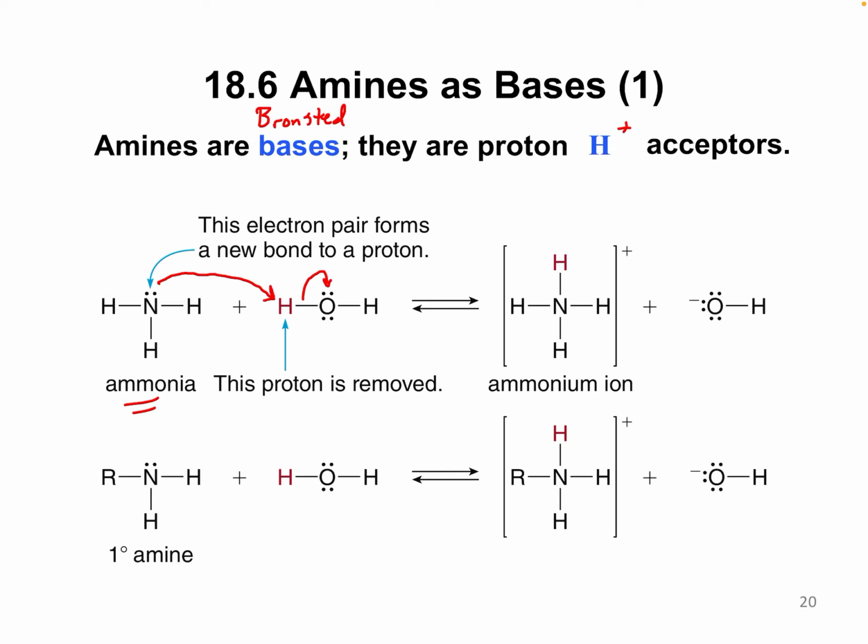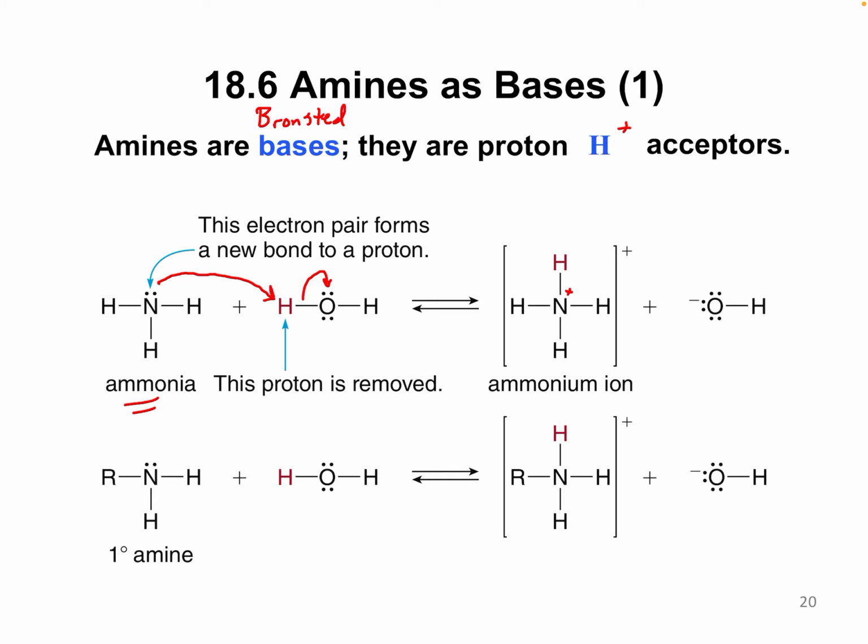Because hydrogen can only have one bond, the pair of electrons it is sharing with oxygen moves over onto oxygen, and we're left with a nitrogen that has 4 bonds around it, which means that the nitrogen atom itself has a positive 1 charge. All right. You're also left with what's left over after water loses an H+, which is the hydroxide ion.